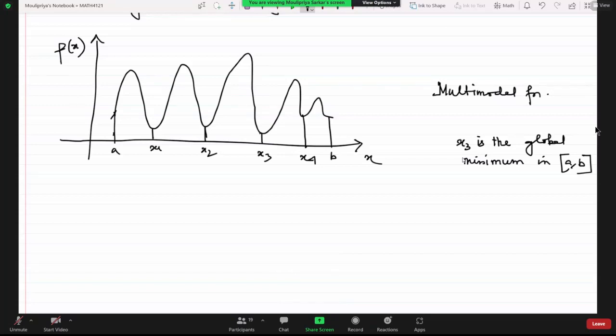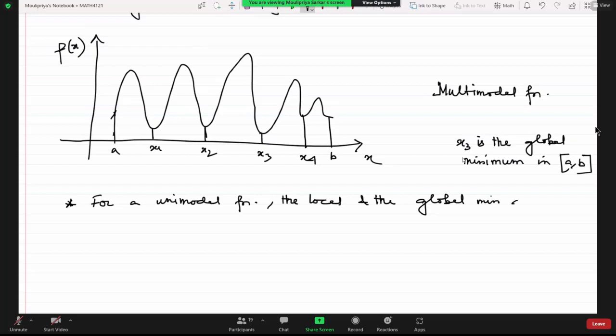Now can I say further that for a unimodal function, the local minimum and the global minimum coincide? Can I say this? For a unimodal function, the local and the global minimum coincide.